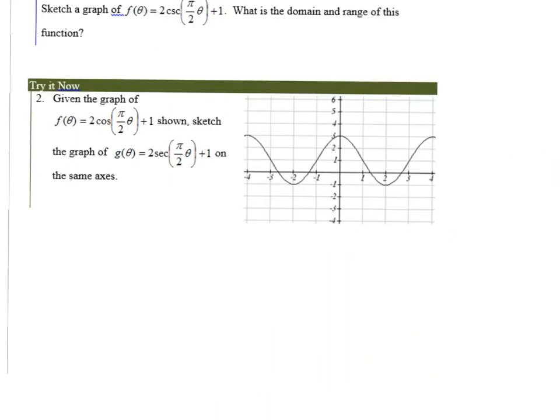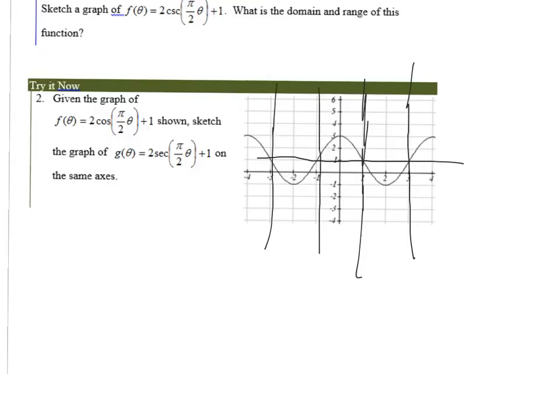So here's the graph they gave us of the cosine. Now to graph the secant, every place, so think about the midline being here. That's the midline. Every place that graph crosses the midline, we're going to put a vertical asymptote. Notice how it's just kind of shifted from the sine, right?